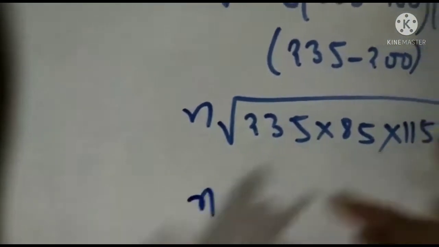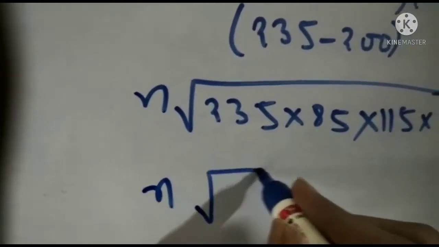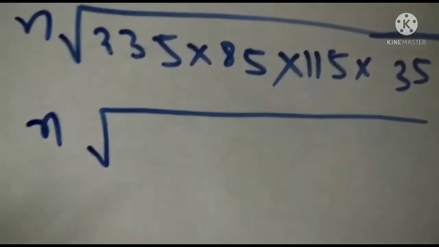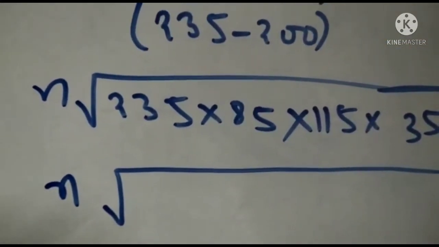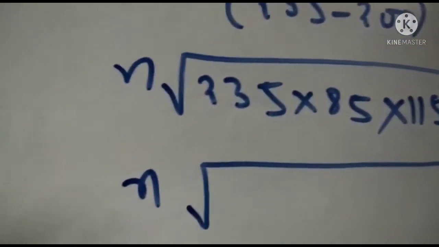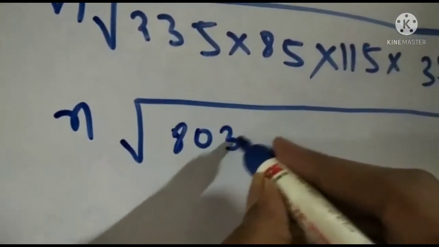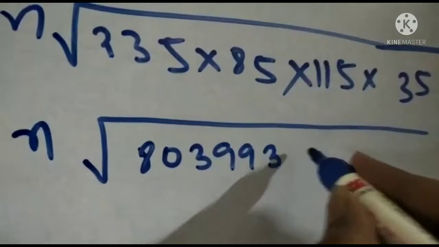Now after multiplying this part, you will get 803,993.